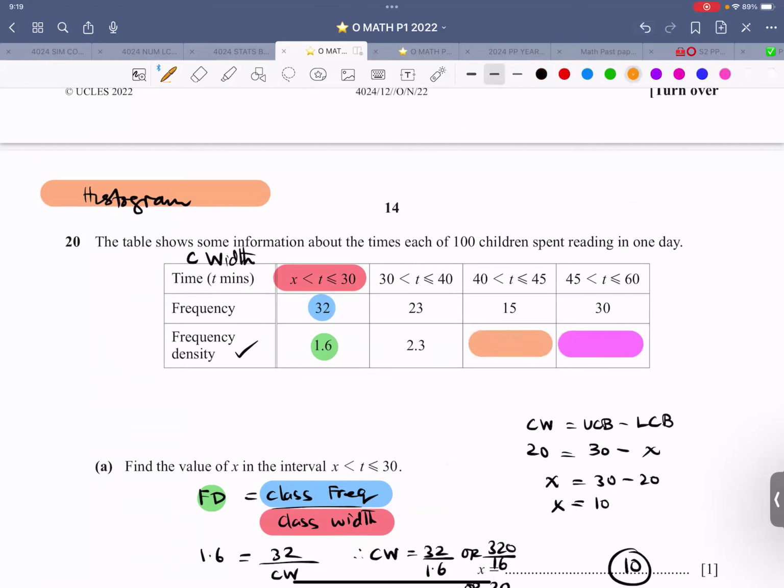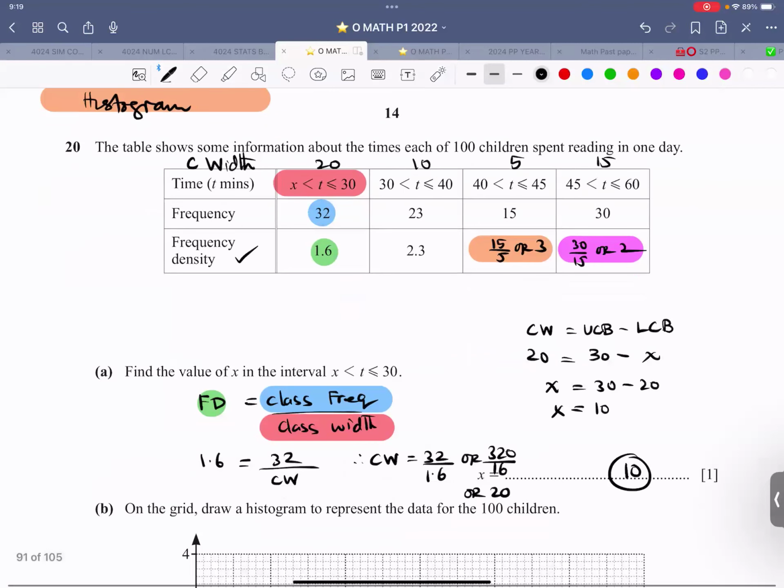So class width over here, we already know that was 20, and this was 10, and 40 to 45 is 5. So frequency density is 15 over 5, which is 3. And this is 45 to 60, that's 15. This is 30 over 15, which is 2.